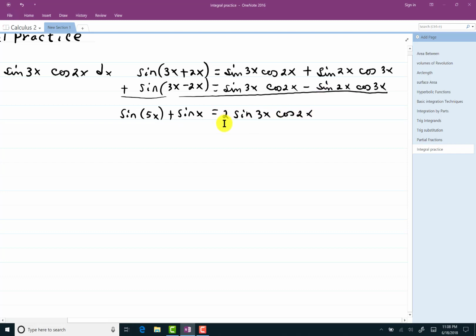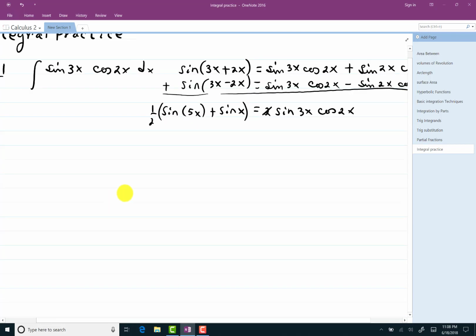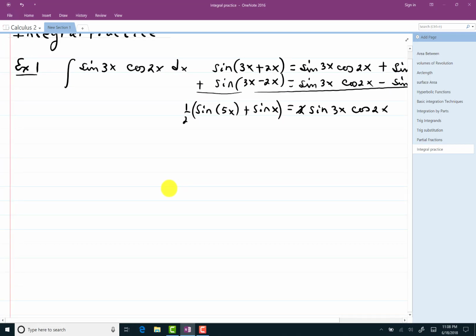And to finish the job, I'm going to divide by 2. So what I'm going to do with this integral then is I'll have a half on the outside, and then I'll have sine of 5x plus sine of x.